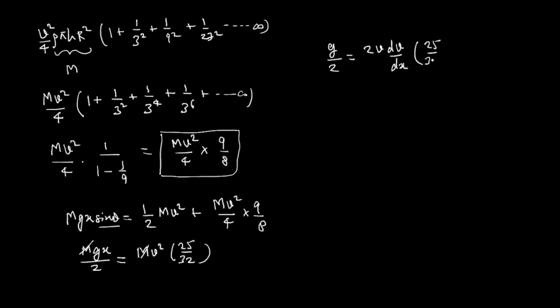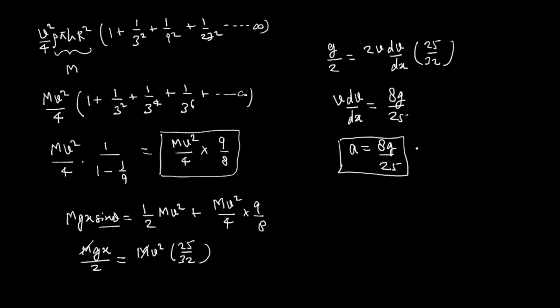That means v dv by dx, which is nothing but acceleration, is 8g upon 25. Okay, and this is the acceleration. So our final answer is 8g upon 25. This is the acceleration of the rod in the sliding direction.